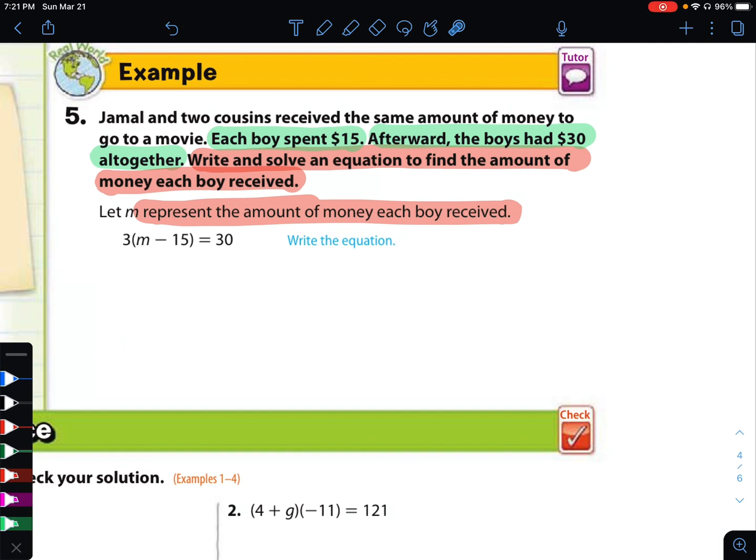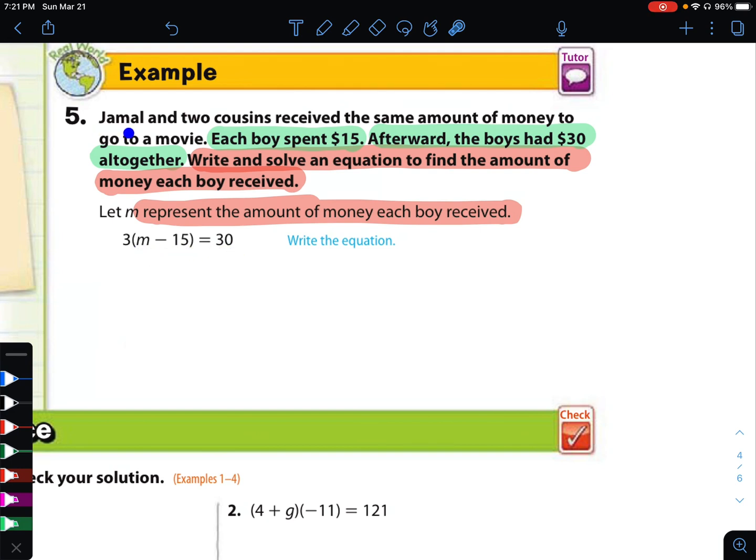Now, where is the 3 coming from? Because it's saying here 3 times M minus 15 equals 30. Why is it 3?